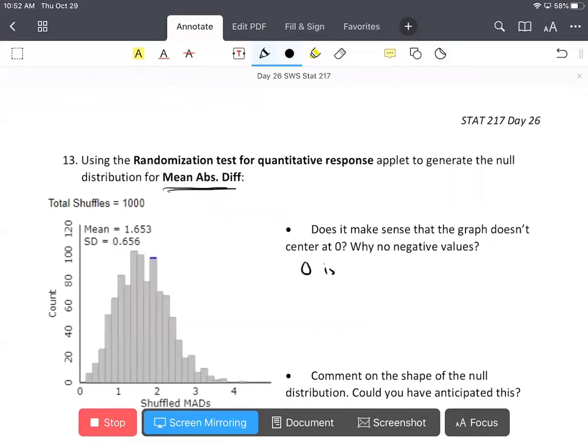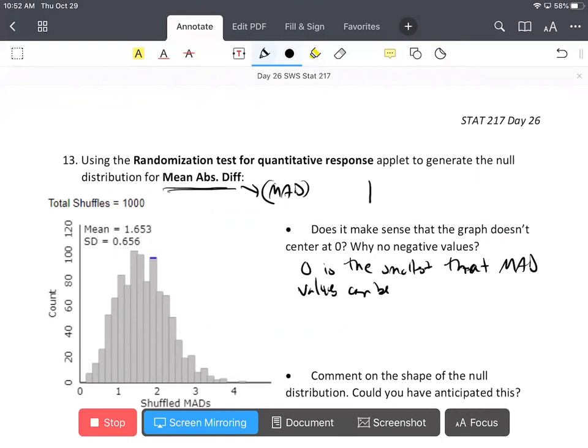0 is the smallest that the mean absolute difference, I'm going to call this MAD, so to save writing, MAD values can be.